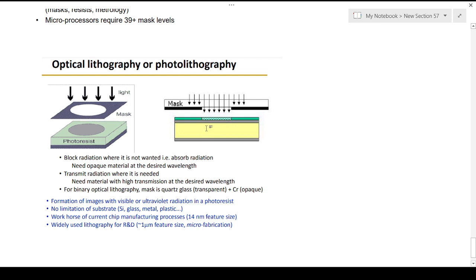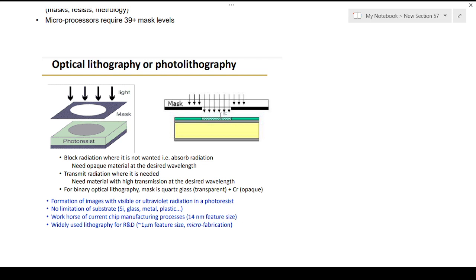Here also you can see a similar picture. We have a mask, and over this mask there is only one region through which the light can come. When the light interacts with that particular area, the interaction results in a change. The other region is protected by the mask. This is one of the ways you can prepare the patterning.